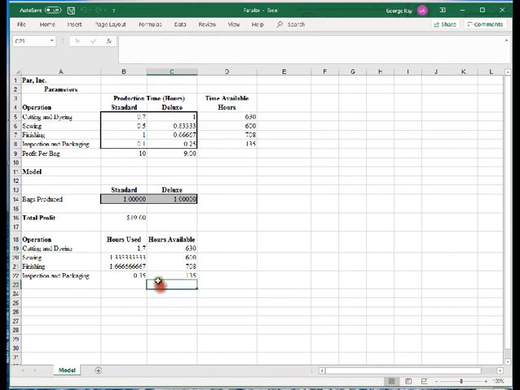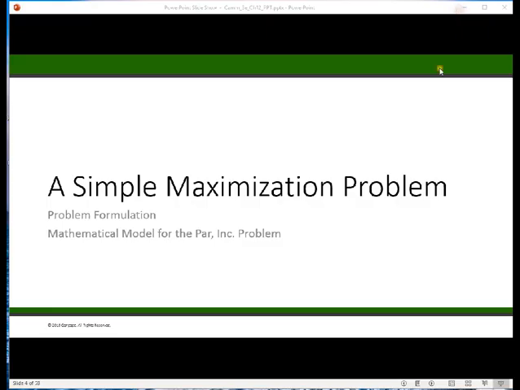Likewise for these. So obviously with one bag that we're producing for each type, we're well within our constraints, and this is a feasible solution. But it may not be an optimal solution. So we'll take a look at that.